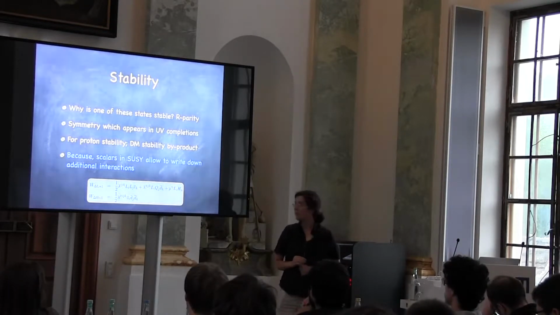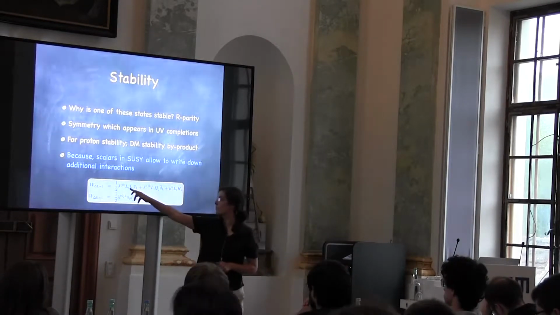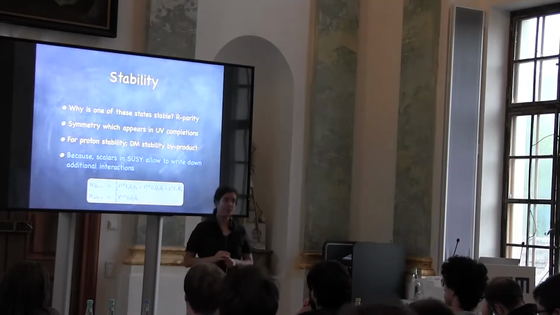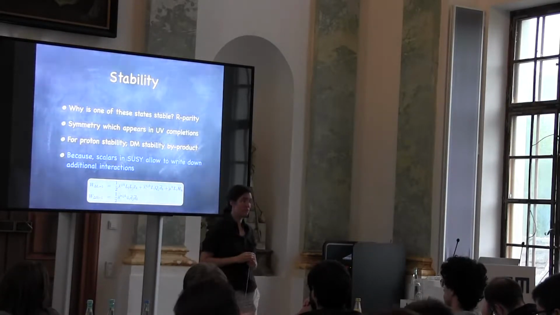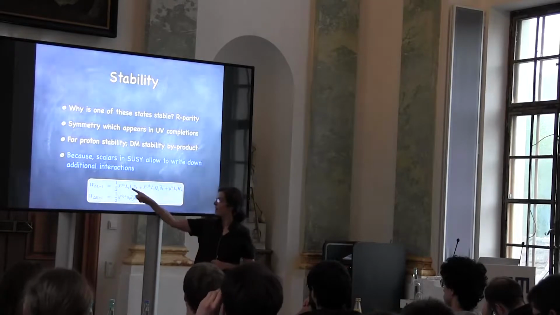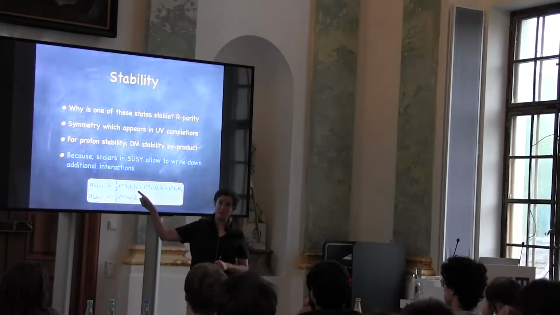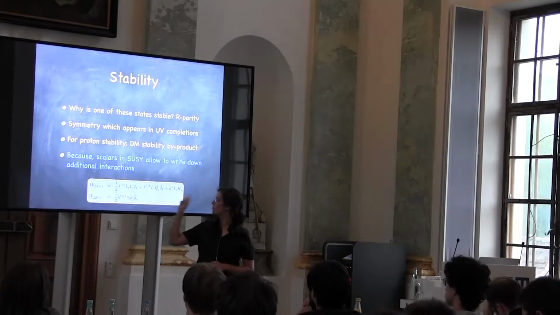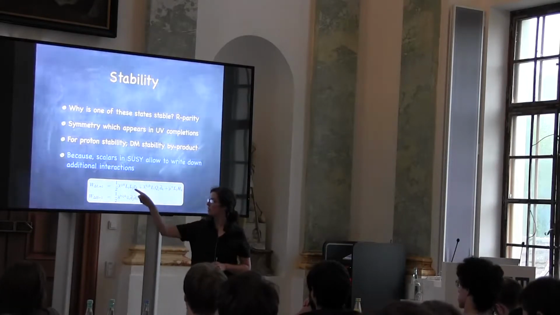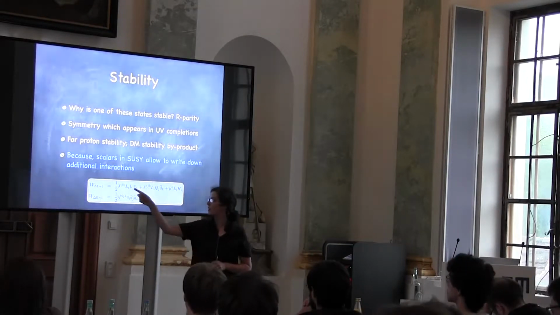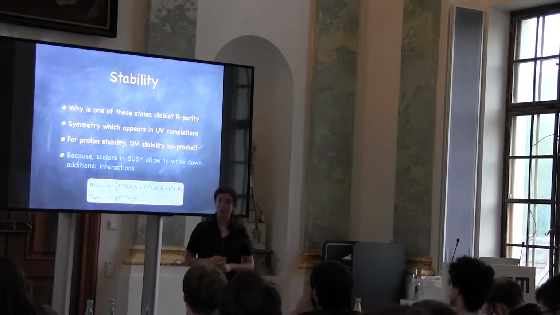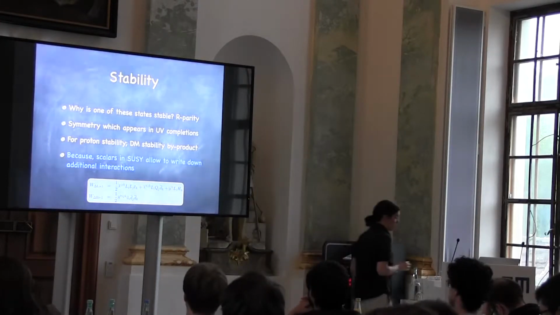The reason they weren't there is that if all of these fields were fermionic, I would violate Lorentz invariance, which is a bad thing. But now that I have a scalar partner to play with, I can write down these additional interactions where two fermions talk with the scalar.